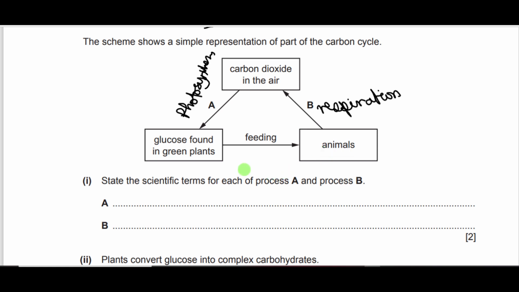So now I'm going to state the scientific terms for each of process A and process B. We already answered the question. A is photosynthesis, while B is respiration.